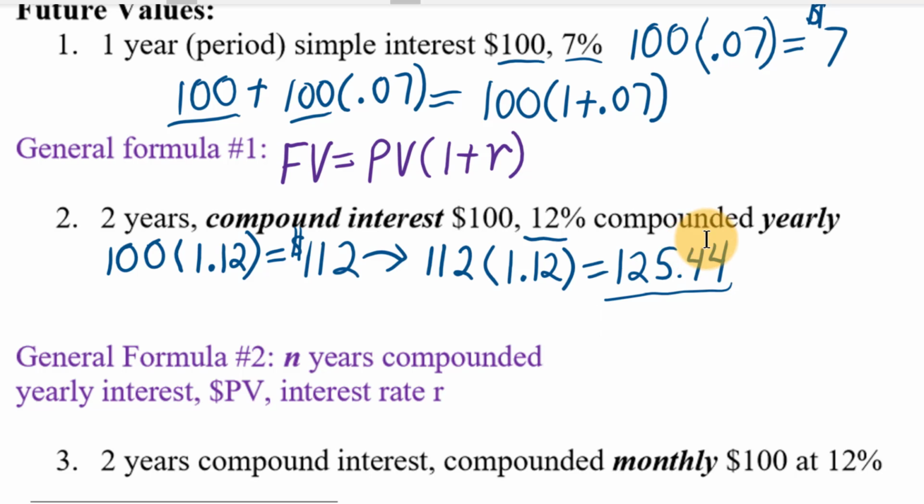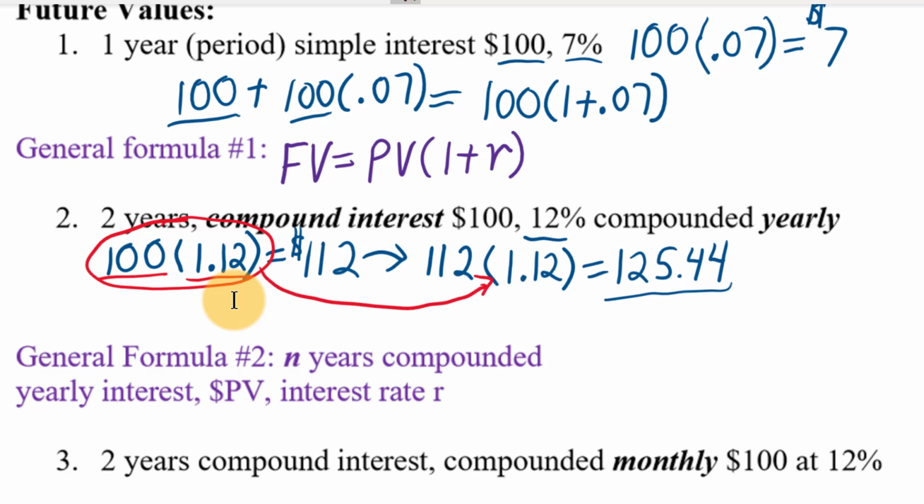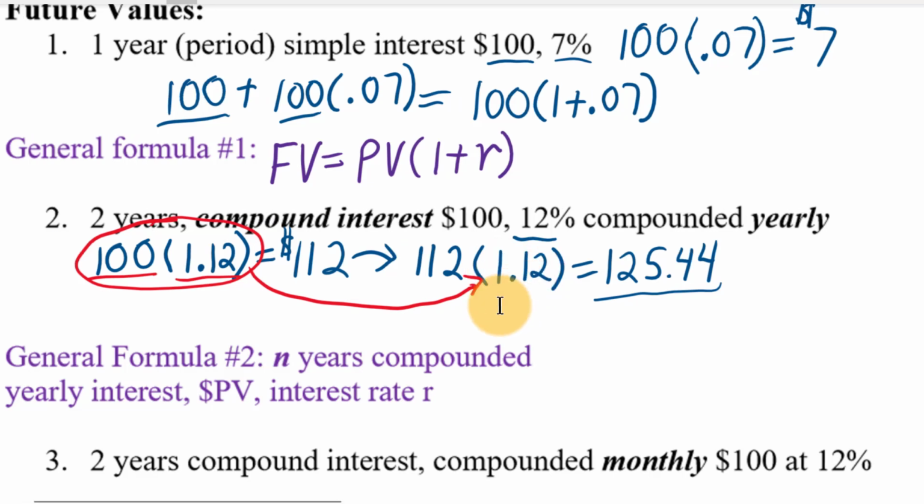So a shorter way to do this is to just take the original $100 here, multiply it times 1.12, and then we're plugging that in over here, and we're multiplying the same thing by 1.12 again. So a shorter way to write this is just 100 times 1.12 times 1.12 again, or times 1.12 squared. So here's our next general formula.